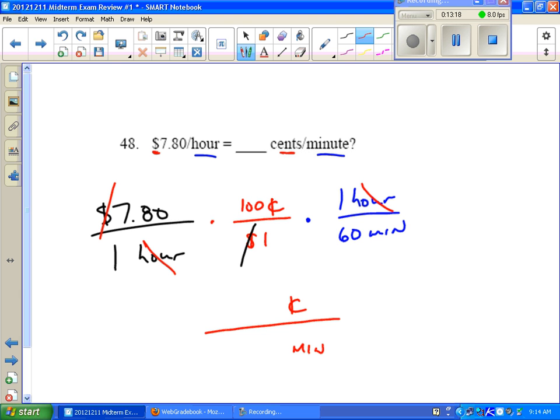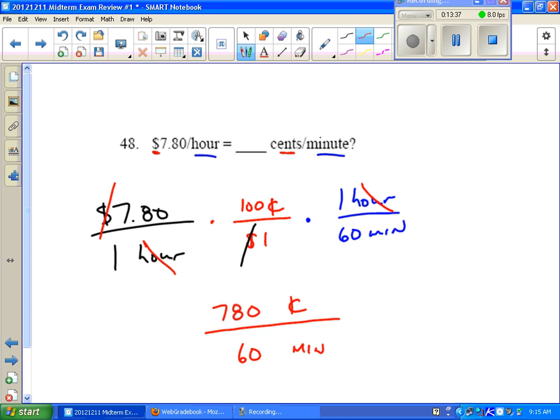Now what you need to do is multiply straight across. $7.80 times 100 times 1, the easy way to do that is you just move the decimal 2 spots and you get 780 cents. And then 1 times 60 is going to be over 60 minutes.